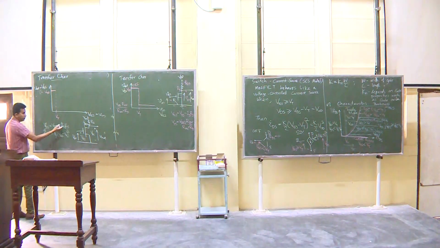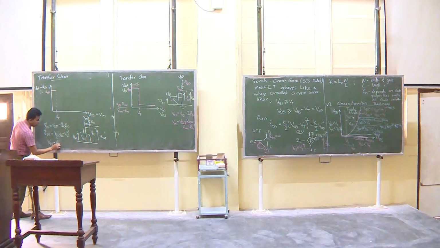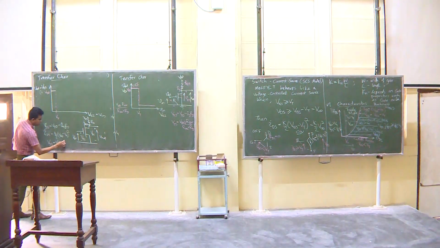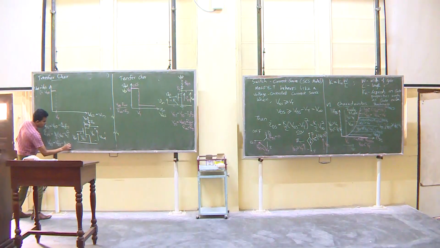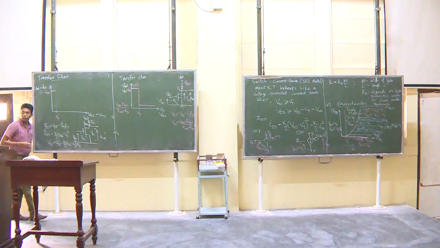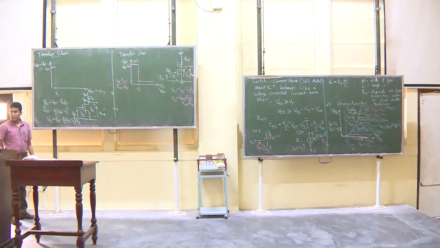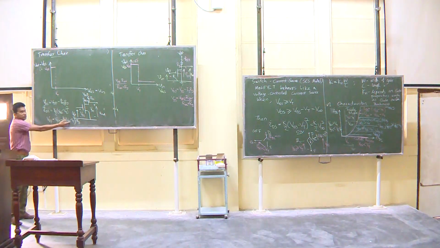So, I can replace it there. VDS is equal to VDD minus K divided by 2 times VGS minus VT squared times RD. That is your relationship between VDS and VGS, the input output relationship.